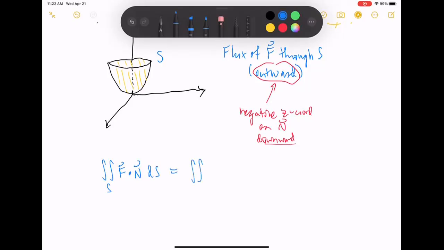That's going to be the double integral over S of F dotted with the gradient of G, where G is going to be, since I want the downward oriented normal, x squared plus y squared minus z, yes? And this is going to be dA, okay?